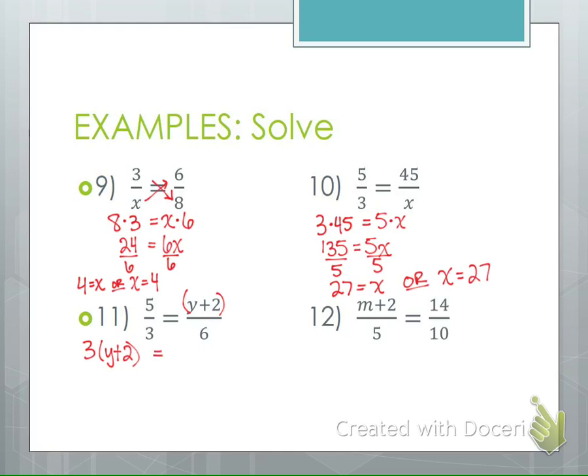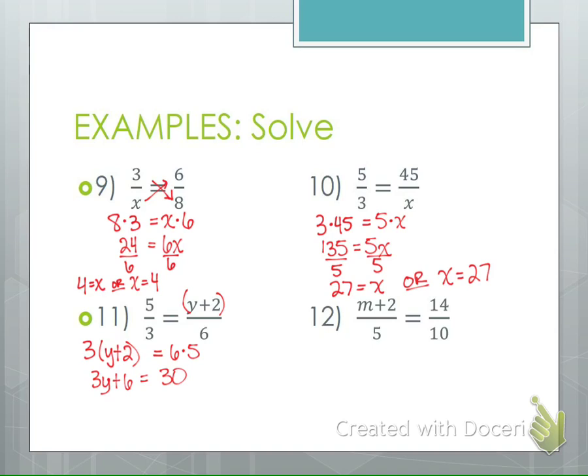Okay, we'll set that aside for a minute. What's my other product? 6 times 5, 5 times 6, same thing. So again, we put those parentheses there so that we would remember to distribute. So let's go ahead and do that. When we distribute, what do we get? Good. 3y plus 6 equals 30. This one we've got a couple steps to solve now.